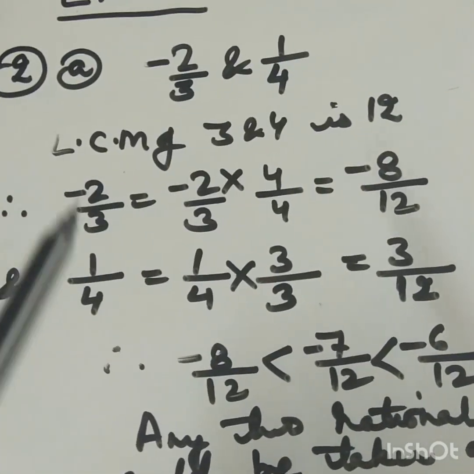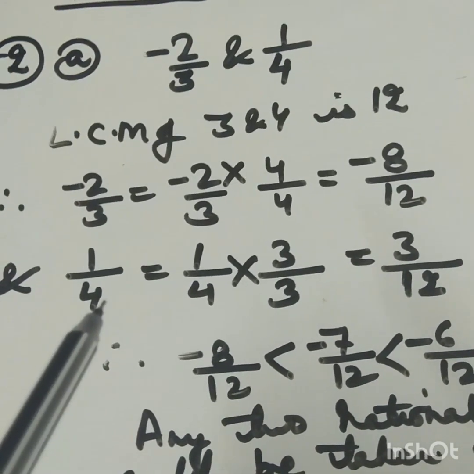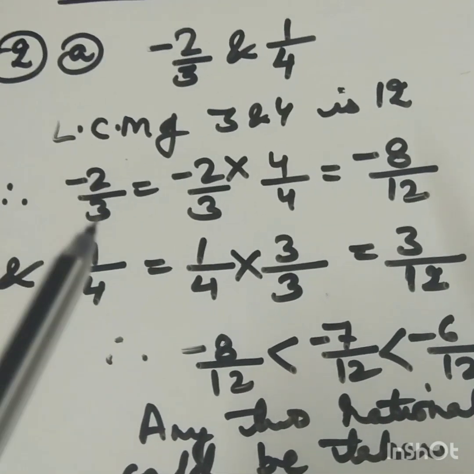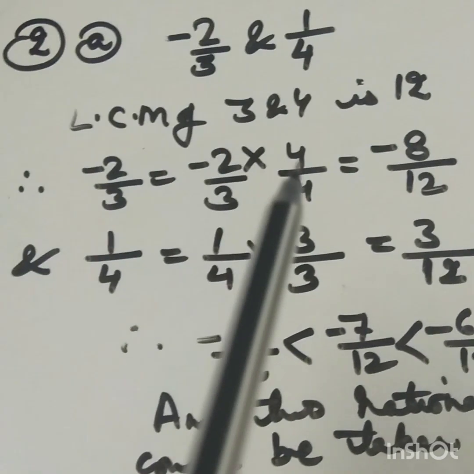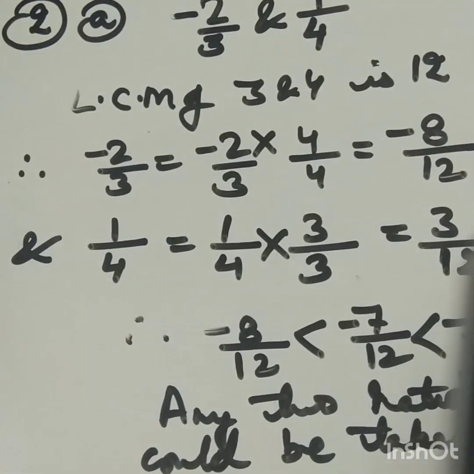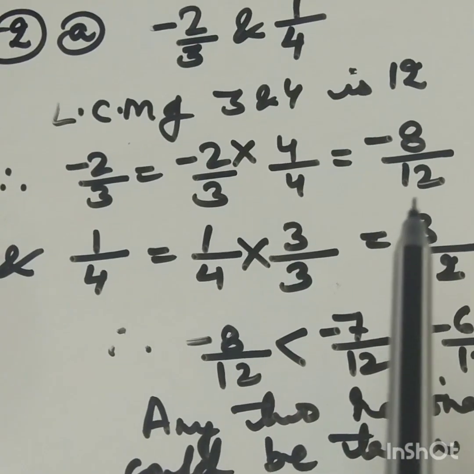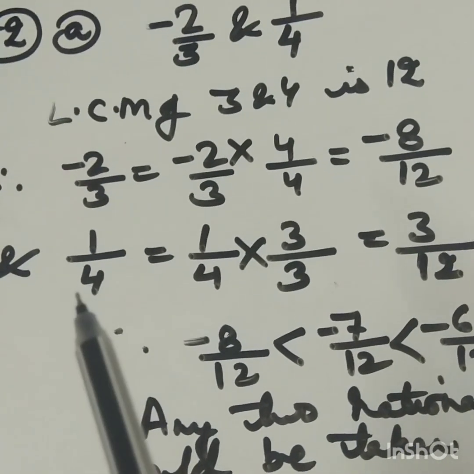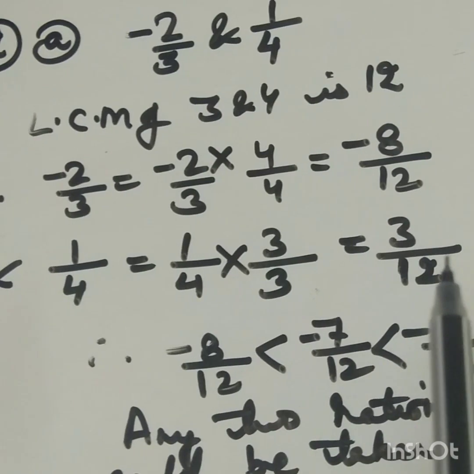First find out the LCM. Once you get the LCM, then convert these rational numbers to like fractions, that is minus 2 by 3 could be written as minus 8 by 12. Similarly, 1 by 4 could be written as 3 by 12.